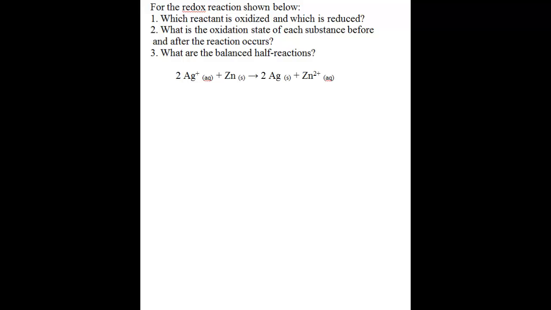So the first question, which reactant is oxidized and which is reduced? So you remember that when a compound is oxidized, it loses electrons, and when a compound is reduced, it gains electrons. So I have 2 mnemonic devices to try to help you remember this. One of them is Leo the lion says grr.